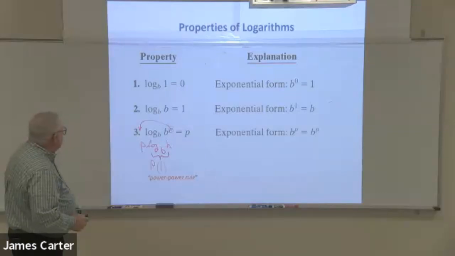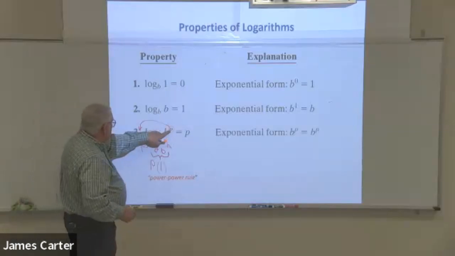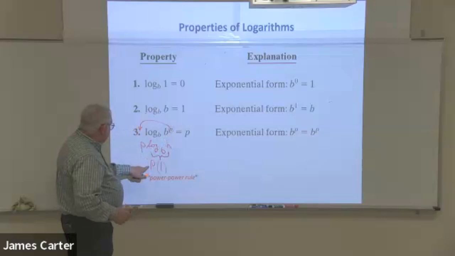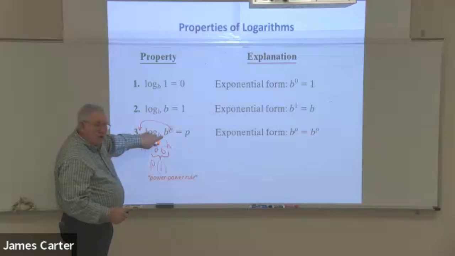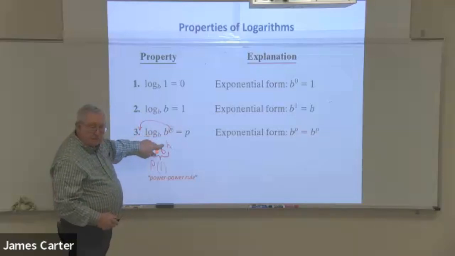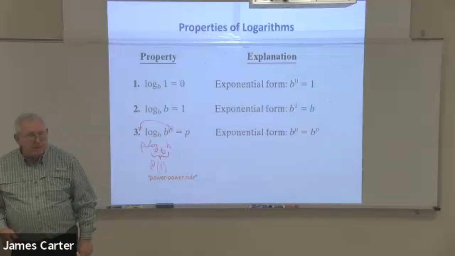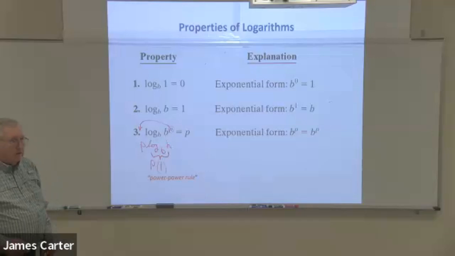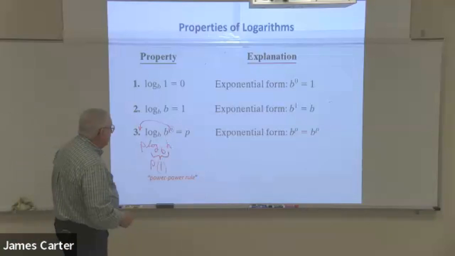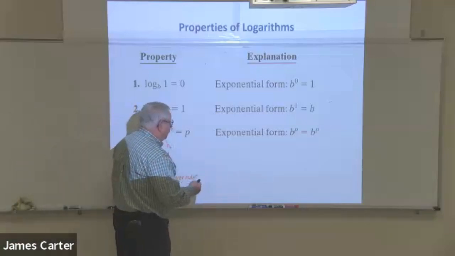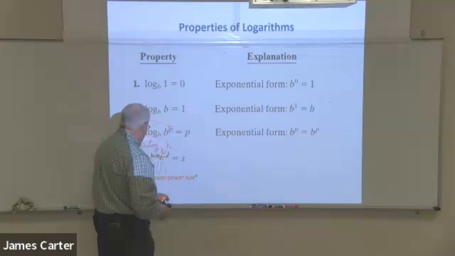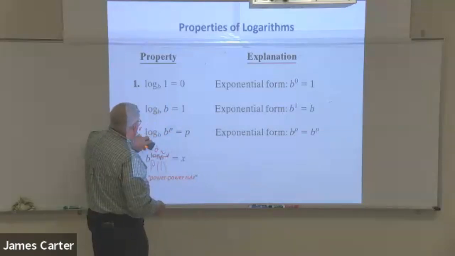But when you see a power like this, bring it out front and then deal with whatever this is. And it won't always be a b. They could be different base and argument. Power, as I call it.